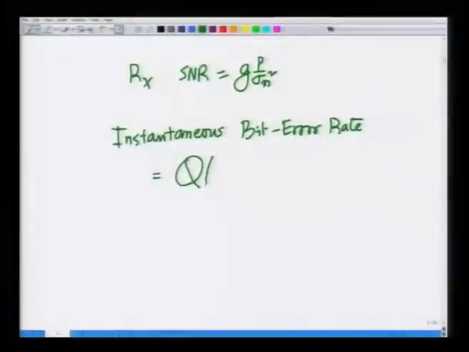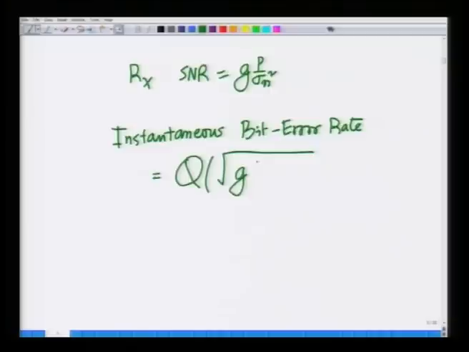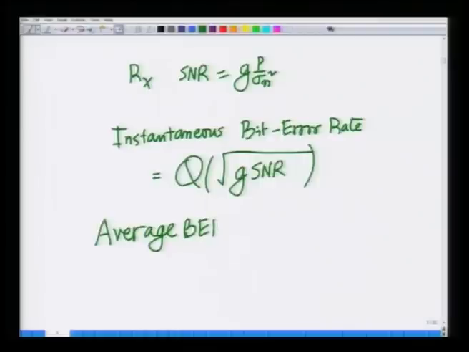Hence, in this case the instantaneous bit error rate is nothing but Q of square root of g times SNR, where SNR is P over sigma n squared. Now, to get the average bit error rate from this instantaneous bit error rate, I have to average this Q of square root of g SNR, which is a function of g, over the distribution of g.